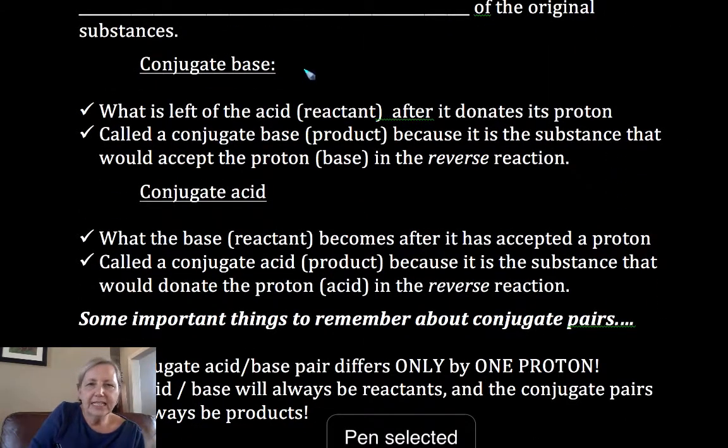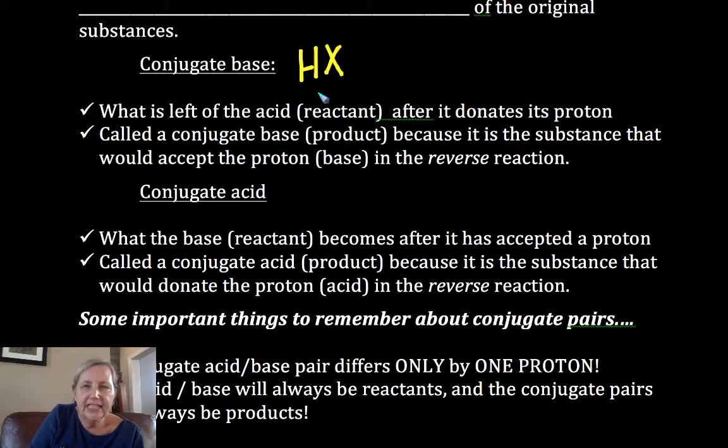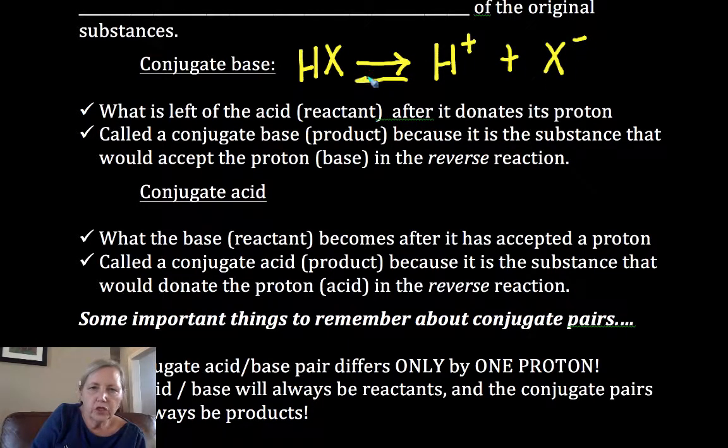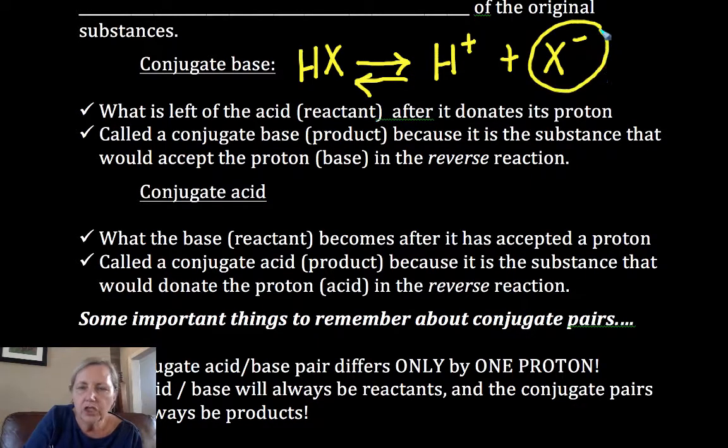So after acids do what they do best, I'm going to just use an HX for some generalized acid base. So when an acid does what it does best, it gives up an H plus. Well, what remains, whether it's strong or weak, is called its conjugate base.